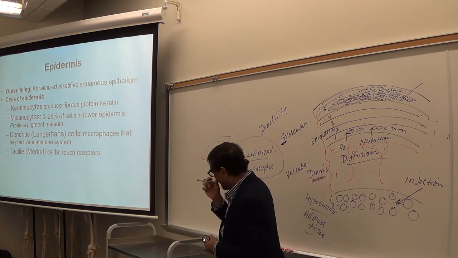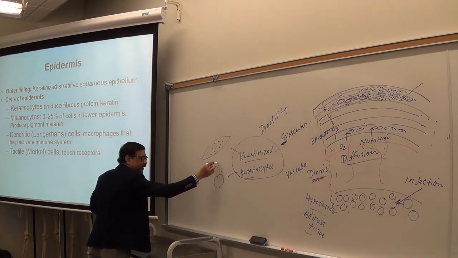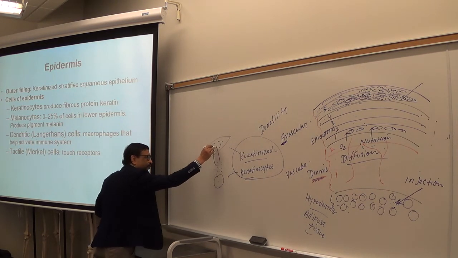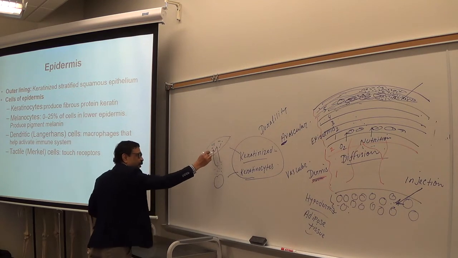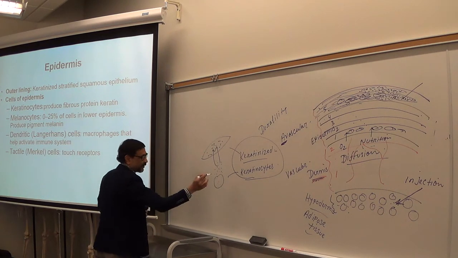So what happens is, see here, keratinocytes produce and secrete keratin, and those keratin molecules enter into the squamous cells and fill the squamous cells, and these are called keratinized cells. So this is a keratinized cell, this is a keratinocyte.